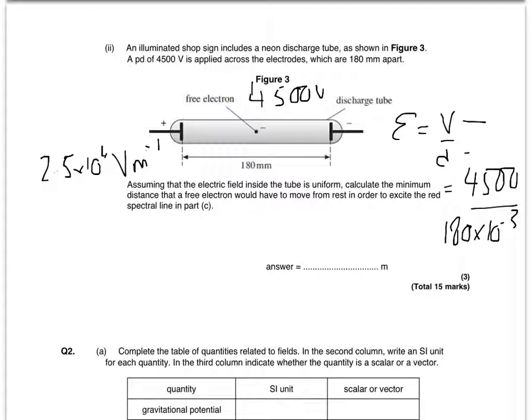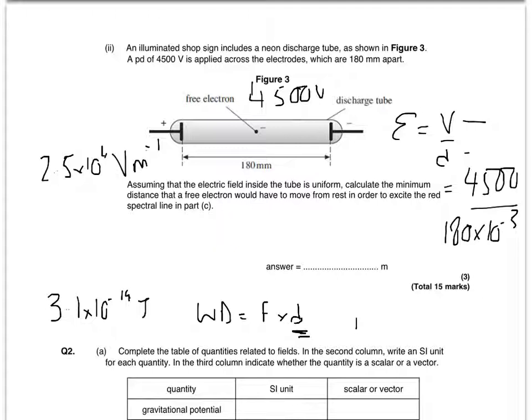We know that the work done on the electron is 3.1 times 10 to the minus 19 joules. And work done equals force times distance. This is the distance that we're after.